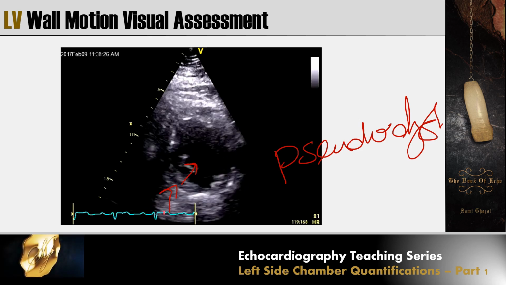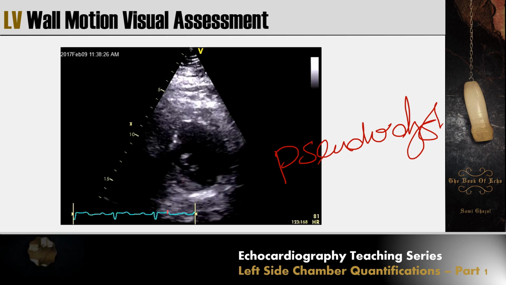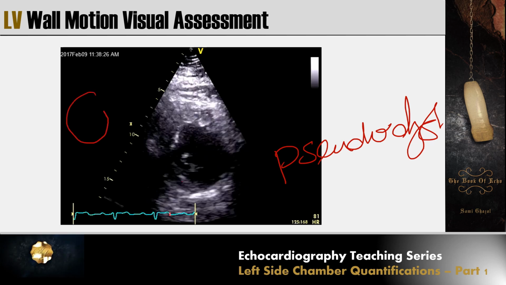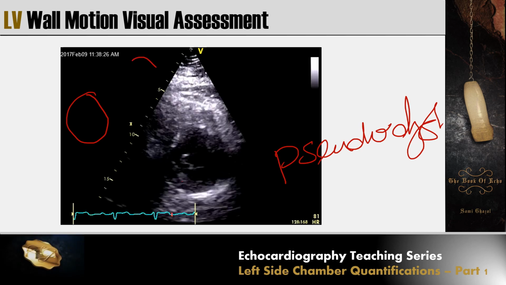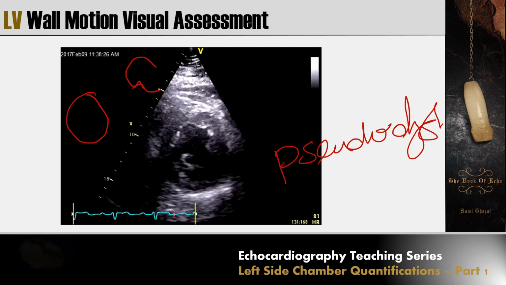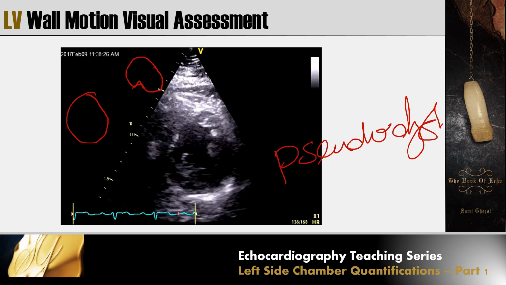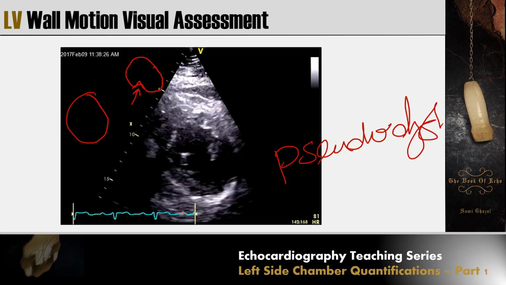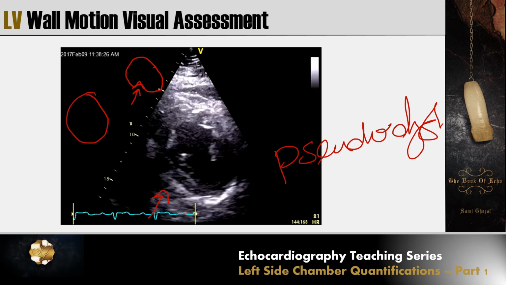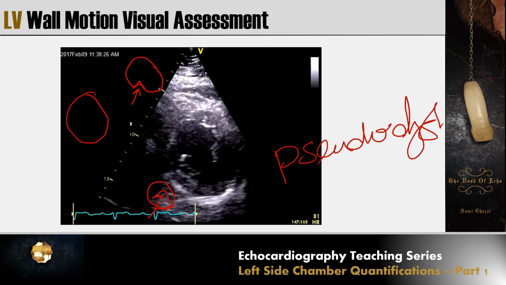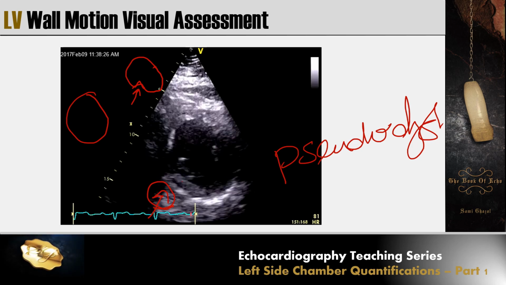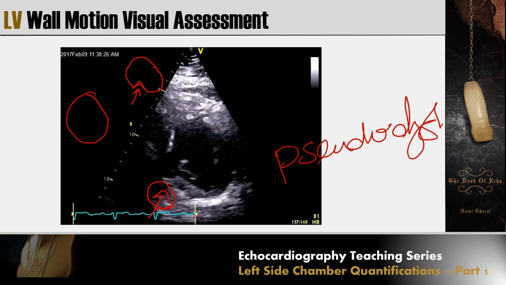So during systole, you will have a perfect circle like this. But in diastole, it will go inside like this. It indicates pressure from outside the heart, and usually it is the diaphragm pushing this inferior part of the LV. It does not indicate any LV pathology, but only pressure from outside. This is pseudo dyskinesis.